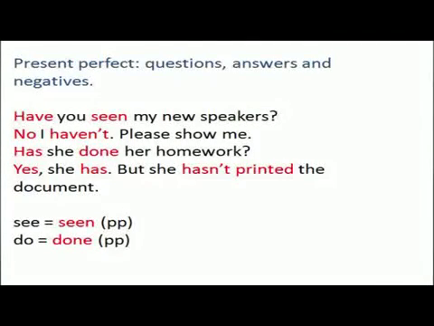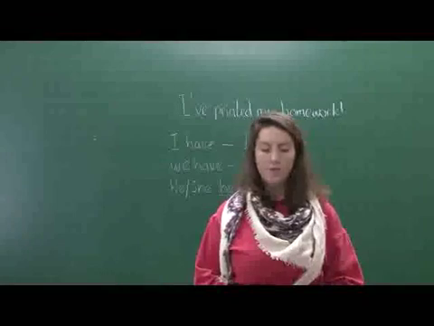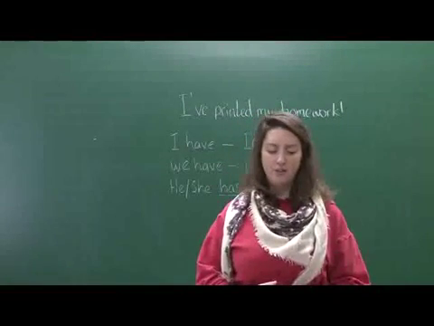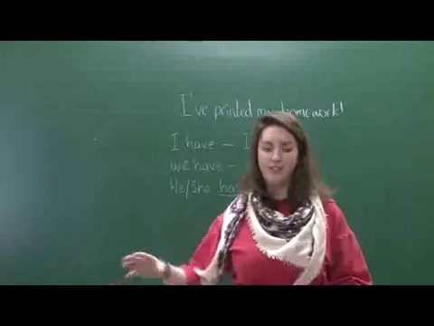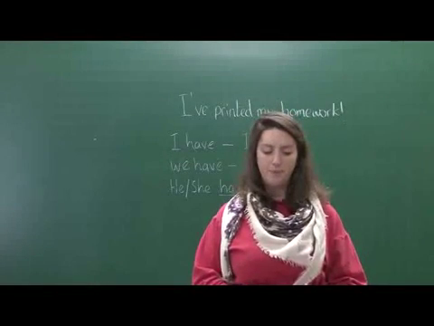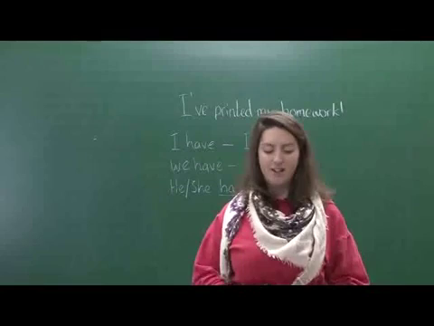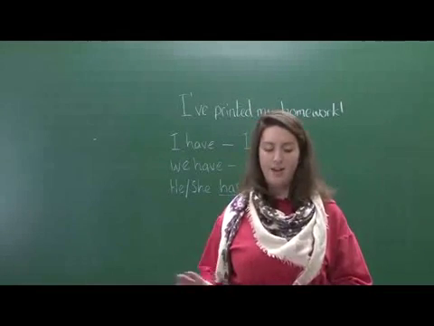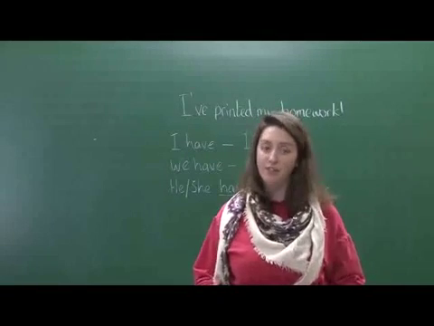Has she done her homework? Yes, she has. But she hasn't printed the document. Okay, so very simple. We just switch the order around. For questions, have comes first, subject, past participle. For negative answers, we can start with no, subject, and then have, not, haven't.